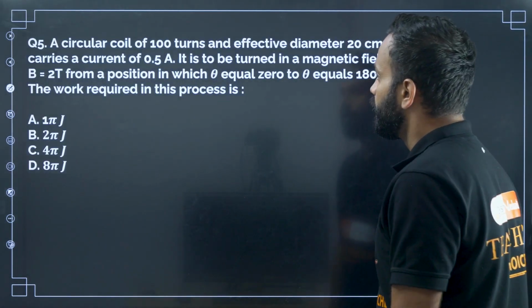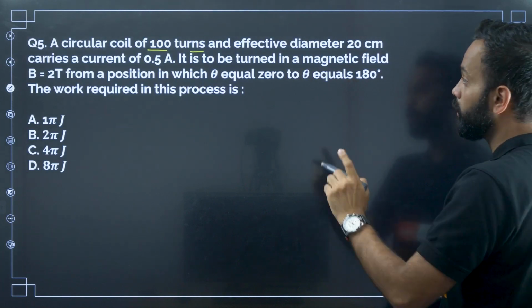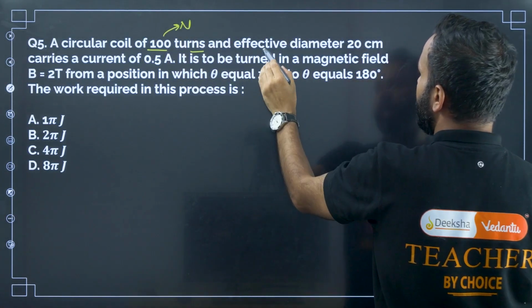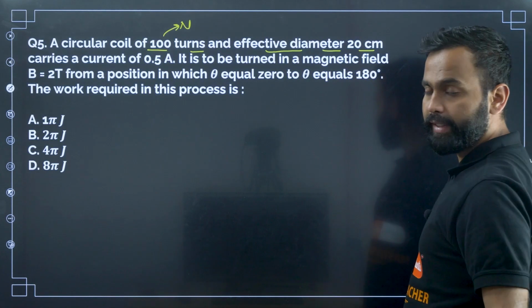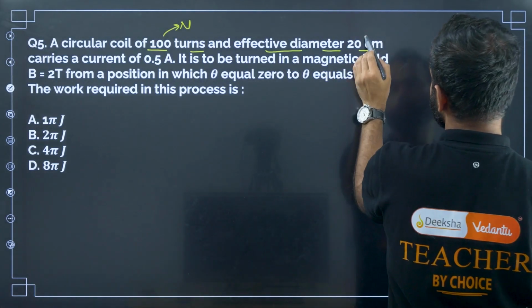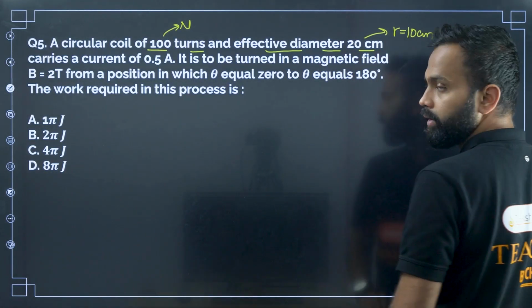Question number 5. A circular coil of 100 turns, that is the value of n equal to 100, and effective diameter of 20 centimeter. So what about the radius? Radius will be 10 centimeter, right?